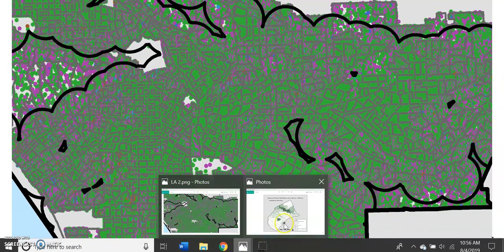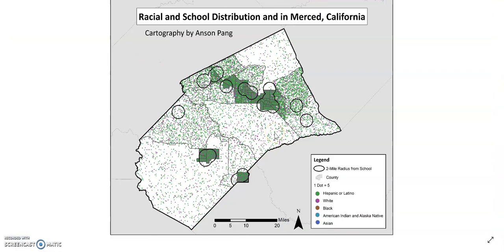But before I finish, I will also want to discuss some of the cartographic principles I have used. Firstly, instead of using schools as markers, I have depicted them with buffer zones. This is so that I can take into account students' walking distance from their home to school.